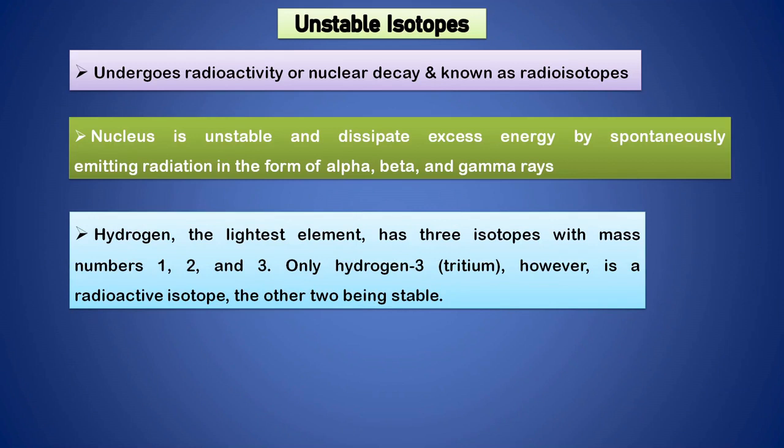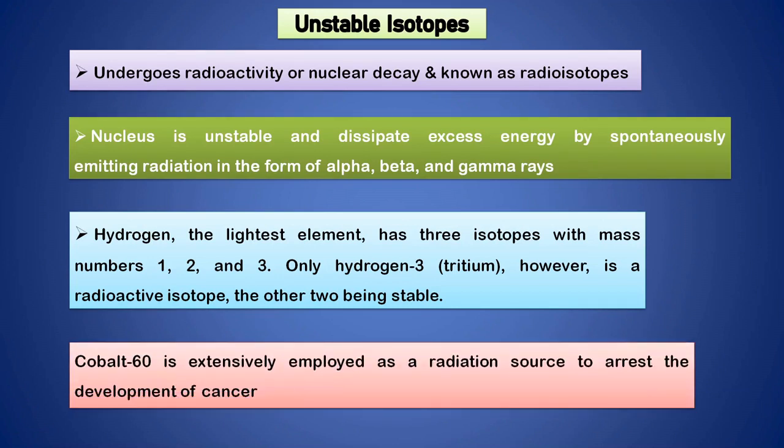Hydrogen is the lightest element. It contains three isotopes, that is H1, H2, H3. H1 and H2 are stable isotopes as I said earlier, but H3, tritium, is a radioisotope and exhibits radioactivity. Similarly, cobalt-60 is extensively employed as a radiation source to arrest the development of cancer.